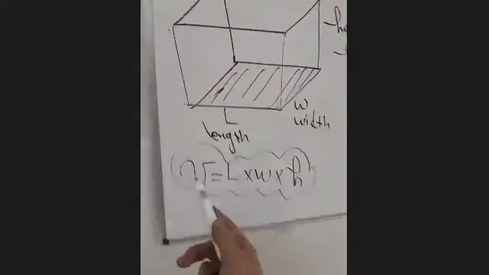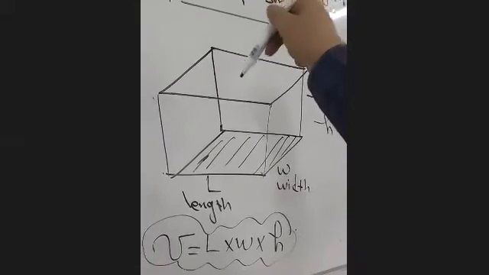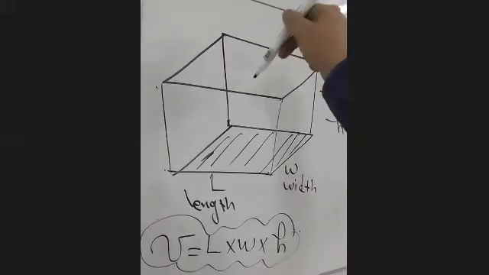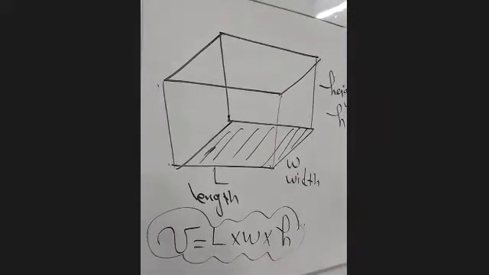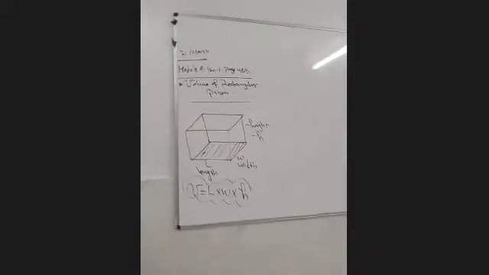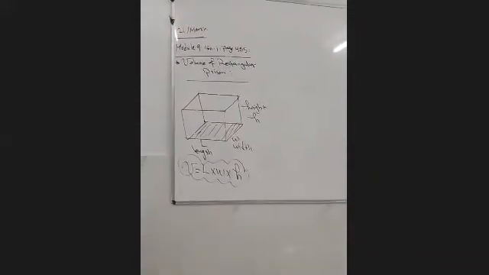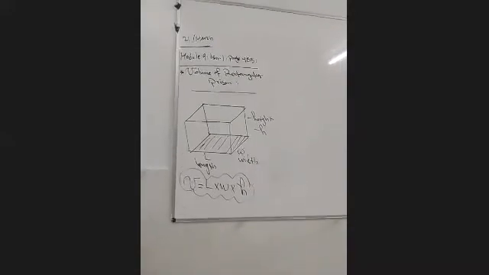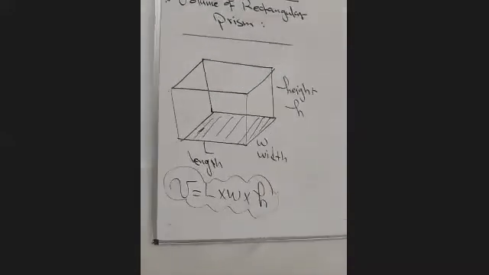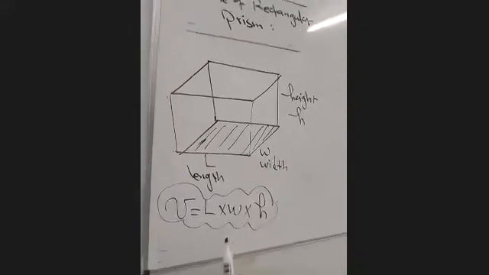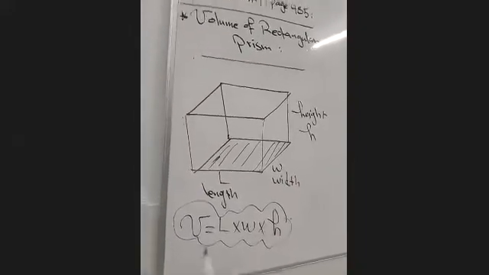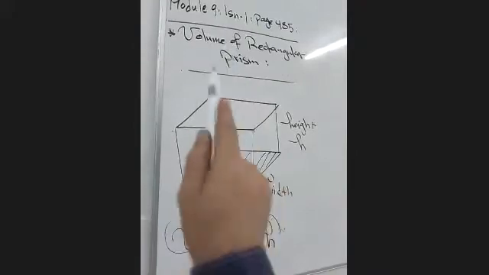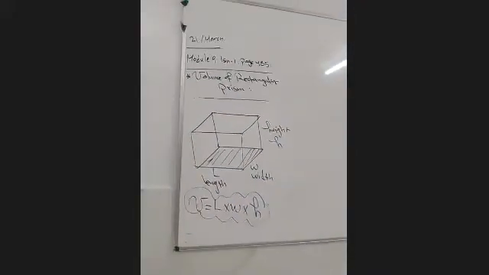Again, what's the volume? The volume is how much space is inside the rectangular prism. So this is the formula: length by width by height. This is the first formula in this chapter. This formula is used to find the volume of your title here. Only.